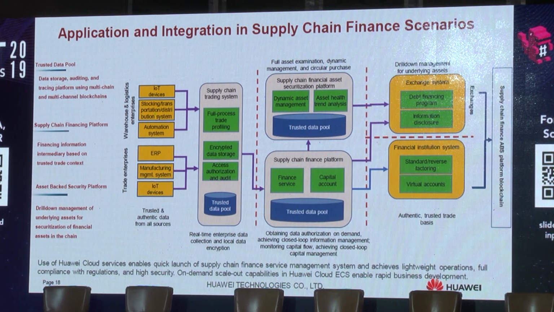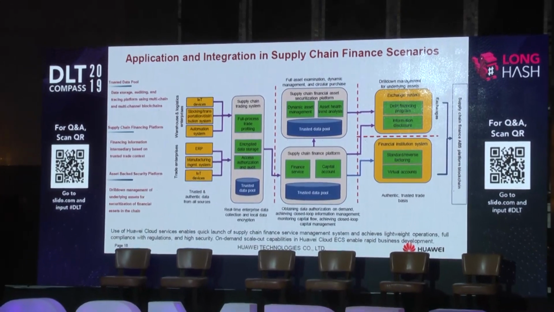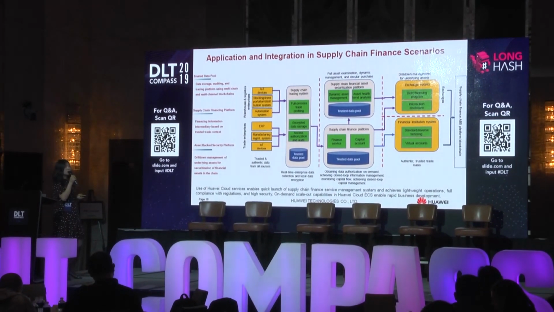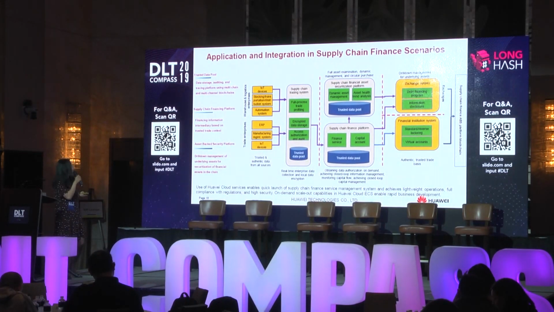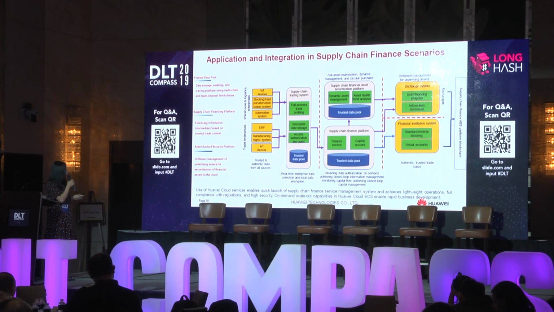And the middle part is the supply chain finance platform. So this is mainly for loan requests. The right part is the ABS, asset-backed security platform. So this information will be public and get investors online to the chain to invest in the loan requests. So this is integration with the existing systems.